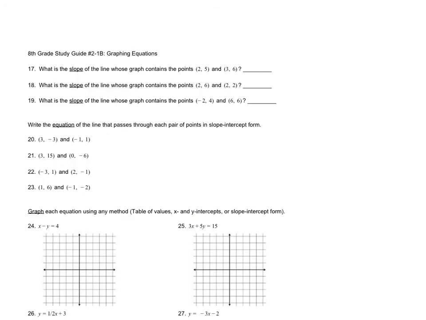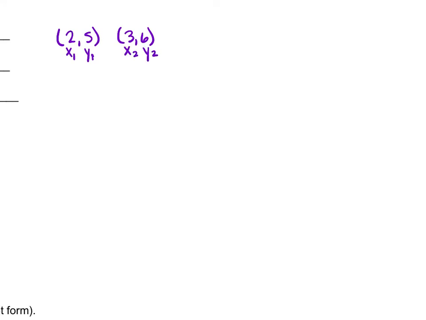Number 17, what's the slope of the line whose graph contains the points 2, 5, and 3, 6? So we're going to look at this on the side. We have 2, 5, and 3, 6. And we're just finding slope. So we're going to use the slope formula. I'm going to label my first ordered pair as x sub 1, y sub 1. My second ordered pair is x sub 2, y sub 2.